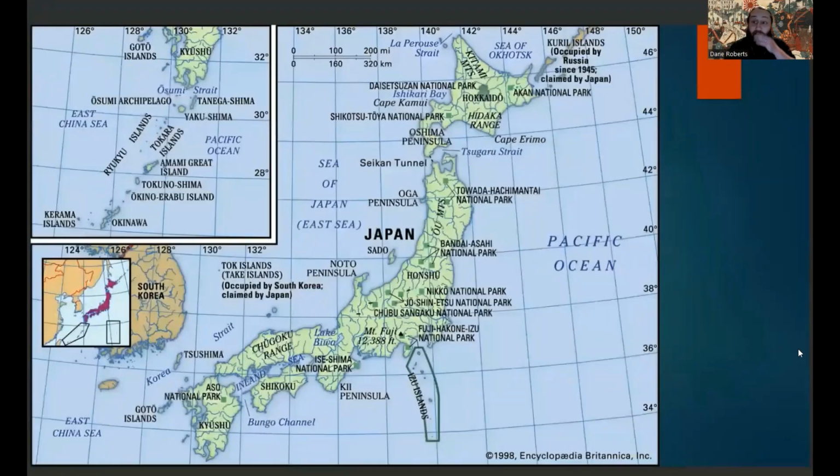So, as with the last video, and all the other videos in the series, whenever we hear the names of East Asian countries such as Japan or China or the Koreas or Mongolia, we tend to think of them, all of us who exist in this modern world, as they exist now, like the map you see here of Japan.